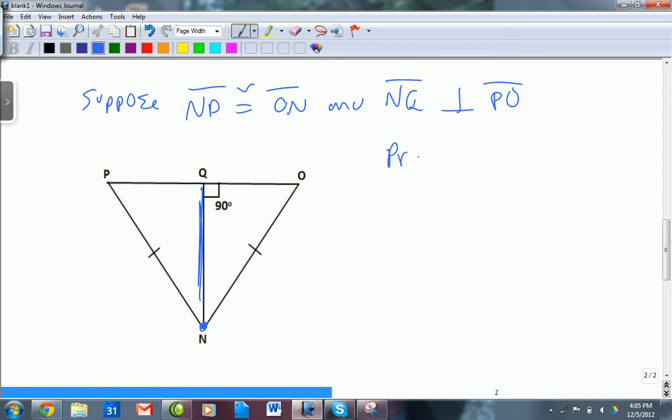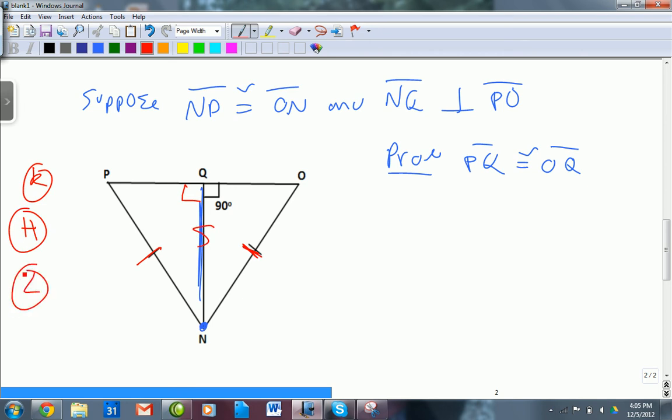What if I want to prove that PQ is congruent to OQ? I'm going to go about this by first showing the triangles to be congruent. In this case, I have right triangles, congruent hypotenuses, and, by the reflexive property, congruent legs. So I'm going to use HL.